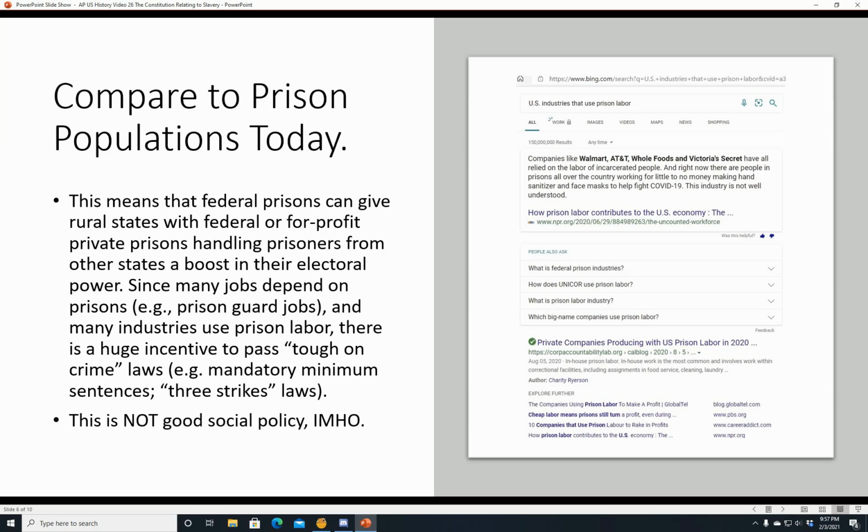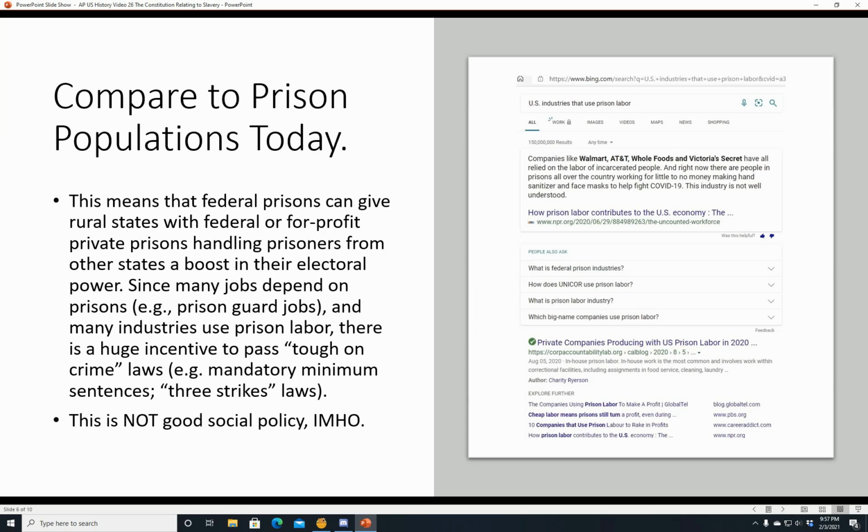Or vice versa, if somebody who comes from Kansas where they would have voted red ends up in prison in Chicago or something like that, then all of a sudden they might be represented by a Democrat when they would have much rather been represented by a Republican.